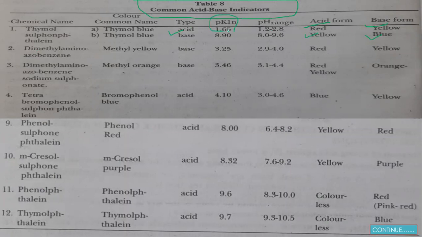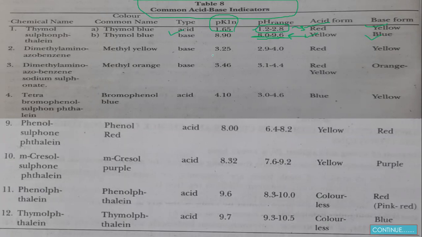It's a 1.65. Okay, and the range of pH is 1.2 to 2.8. Okay, means this is for the acidic titrant. Okay, now if you see 8.0 to 9.6, it is for the basic titrant. Okay, pH is shifting towards the base.